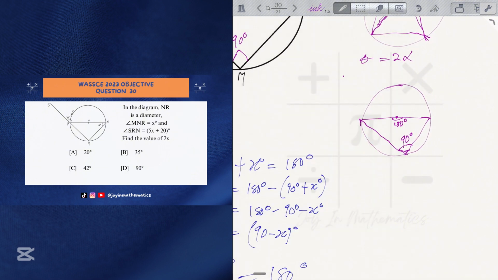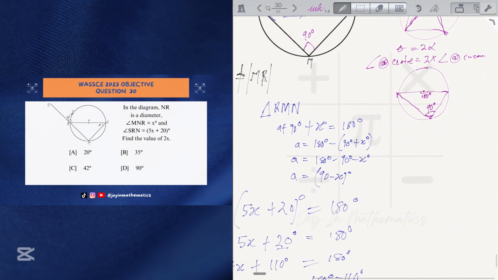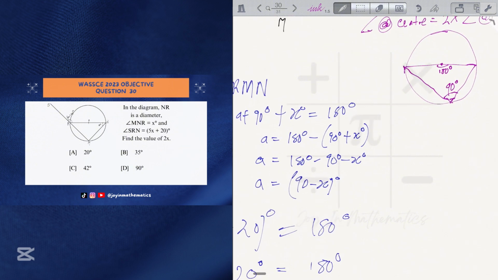Let's write it out. Angle at center is 2 times angle at circumference. And at this point we applied that the sum of angles in a triangle is 180 degrees.